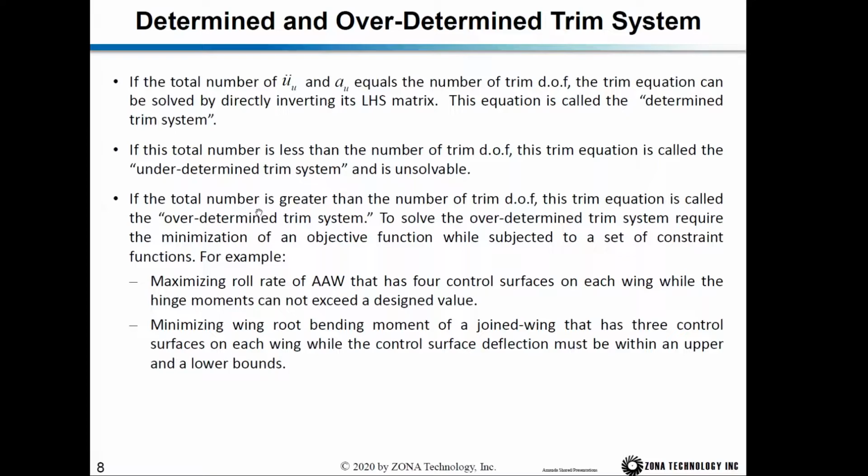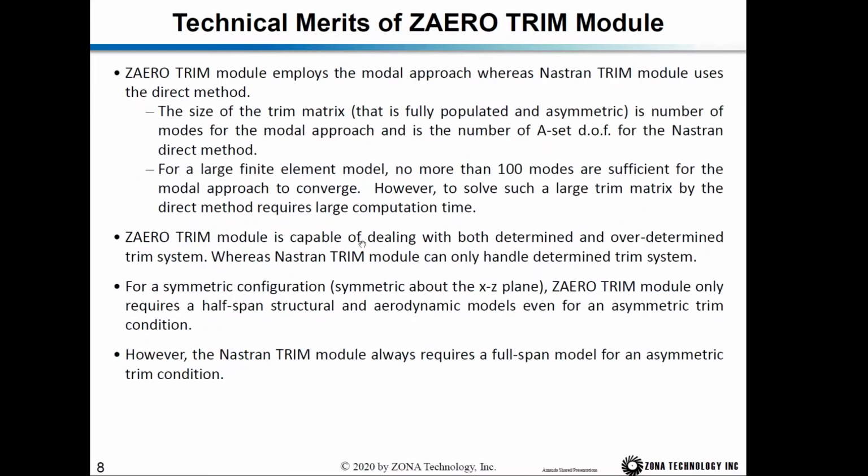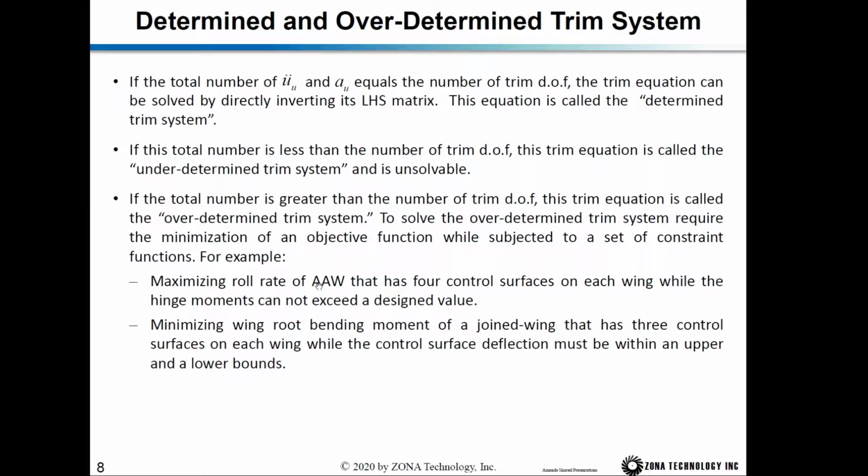If the total number of unknowns is greater than the number of trim equations, this is called an overdetermined trim system. Solving the overdetermined trim system requires the minimization of an objective function while satisfying a set of constraint functions. For example, the active aeroelastic wing has 4 control surfaces, 2 at the leading edge and 2 at the trailing edge of each wing.